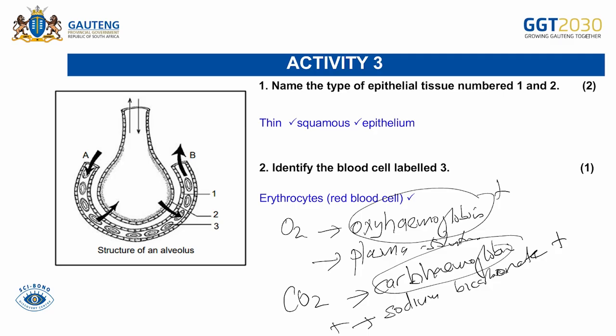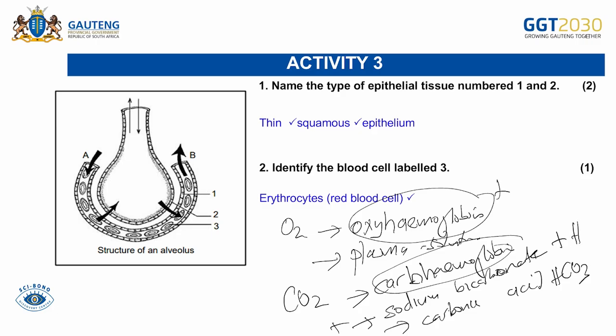And carbon dioxide, a small amount is carried in the form of carbhemoglobin, and then a little bit is dissolved in the plasma, and then it's called carbonic acid. So there are 3 forms in which you can see carbon dioxide. Carbonic acid, like that.